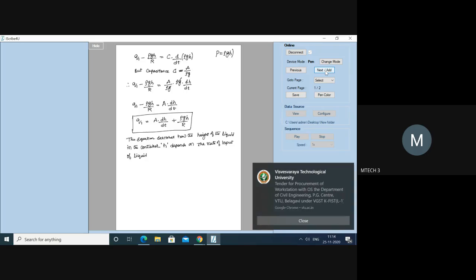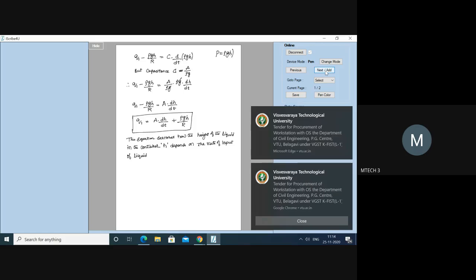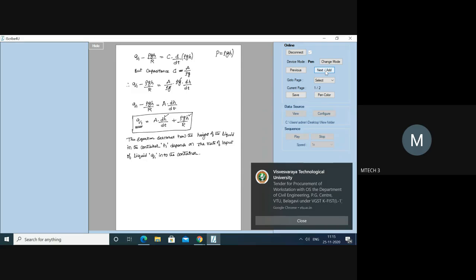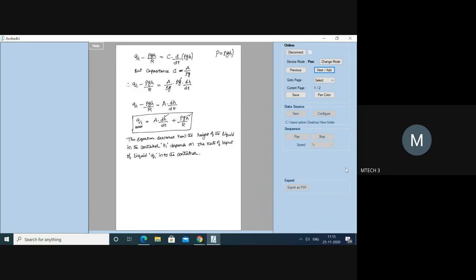What is the rate of input of liquid? Q1, the rate of input of liquid into the container. Okay. You understand? So this is with respect to Q1. Is it clear?